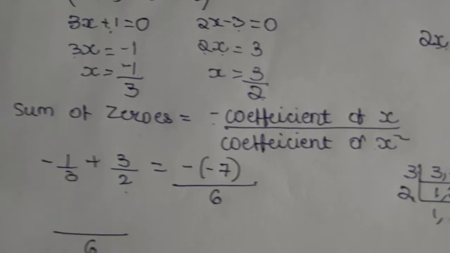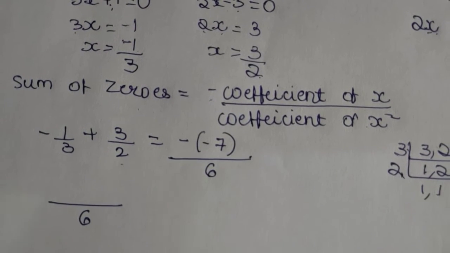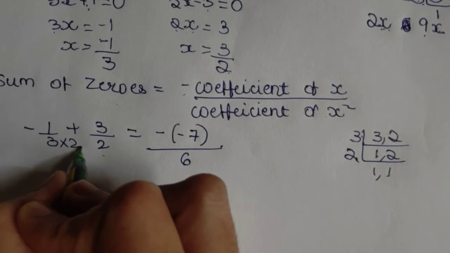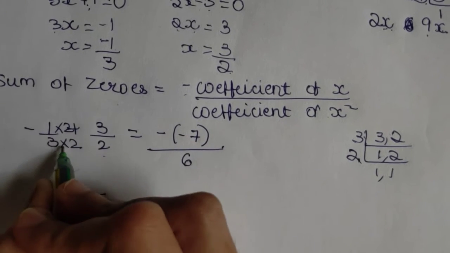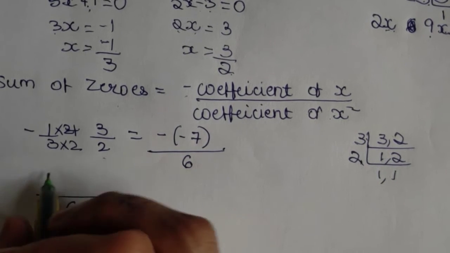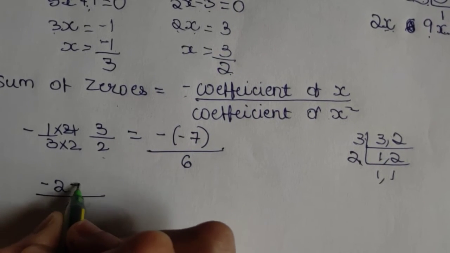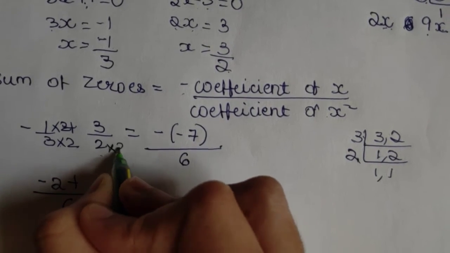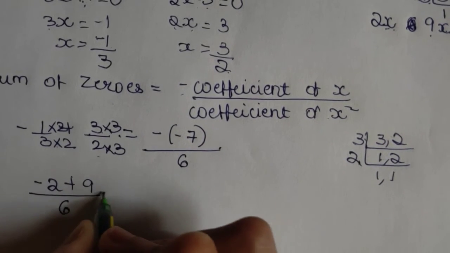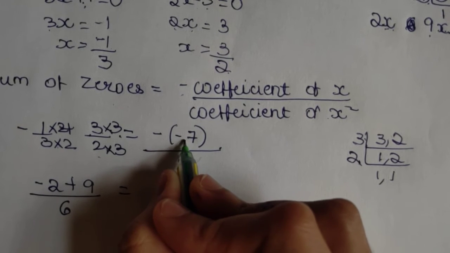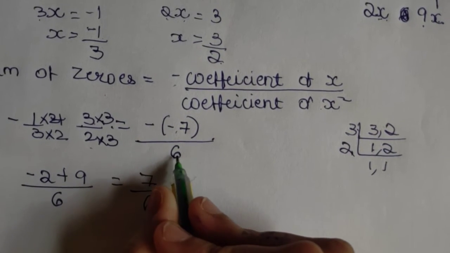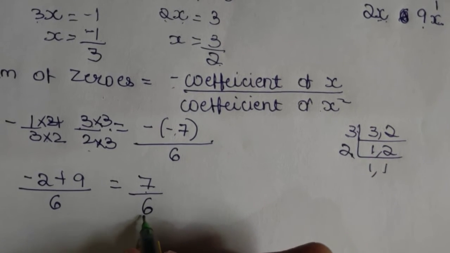So 3 twos are 6 and again that should be multiplied on the numerator. So that becomes minus 2 plus 2 threes are 6, into 3, 3 threes are 9, is equal to minus minus is plus, that becomes 7 by 6.